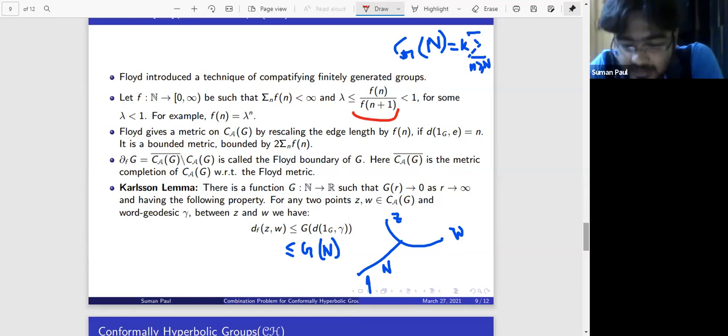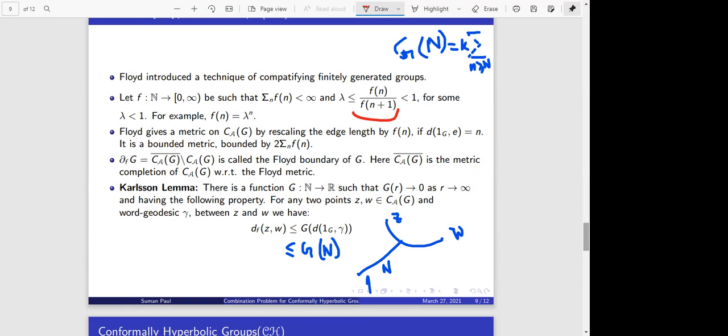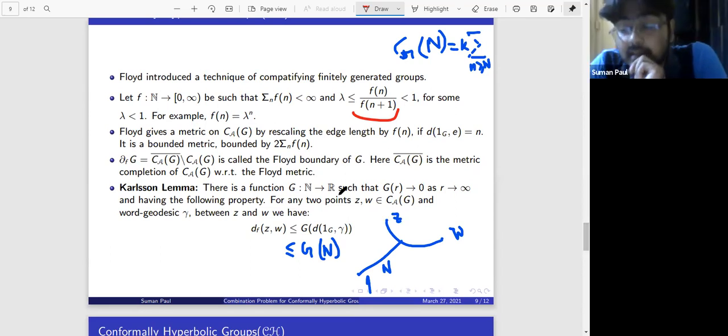So if it's not, then it's true also, because there are only 2 points, and then that action is also convergence. Friedman has a proof for this. So if the Floyd boundary has 2 points, you are saying that for that example also the action will be convergence, right? Yeah, you are right.